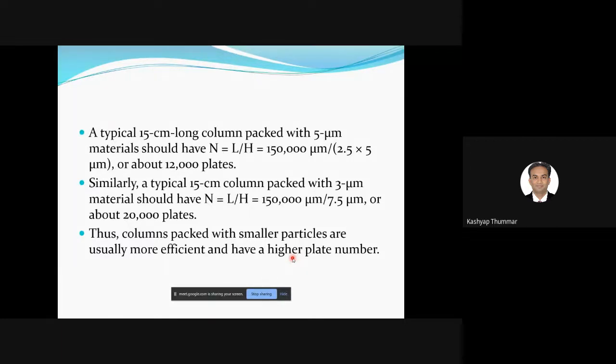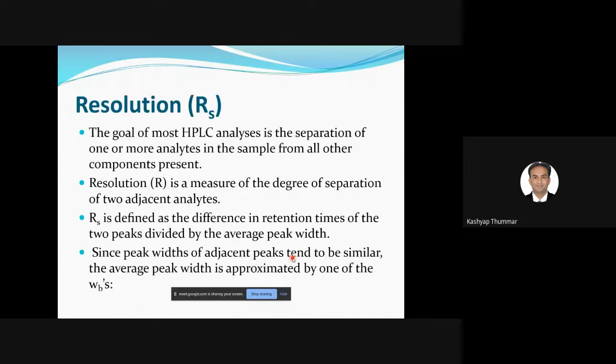So we have increased the theoretical plates, the height equivalent to theoretical plates, just by reducing our particle size. When we use a column with smaller particles, we are using a more efficient column because it has higher plate numbers.